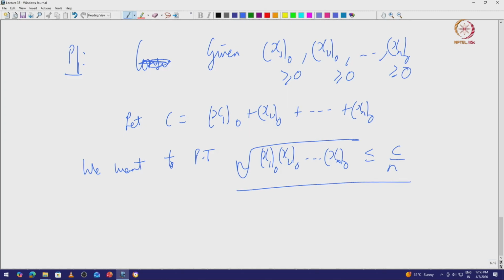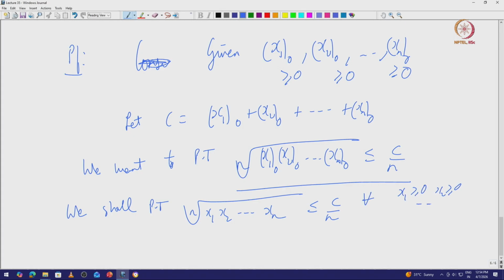Actually we shall end up proving that the nth root of x1, x2, so on until xn is less than or equal to C by n for all x1 greater than 0, x2 greater than 0, xn greater than 0, such that x1 plus x2 plus so on until xn equals C. So we will prove something more general: if you take any collection of x1 to xn which are positive and whose sum equals this particular value, for all of them this is true.